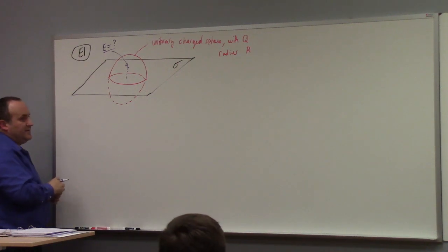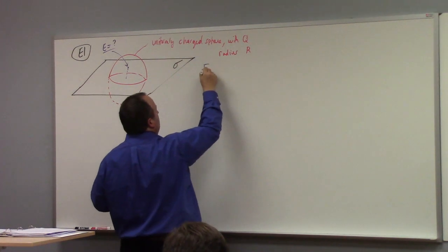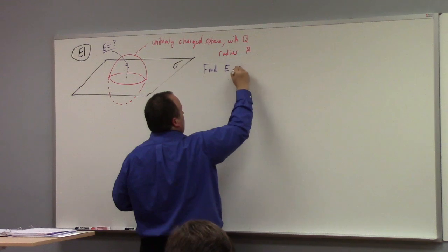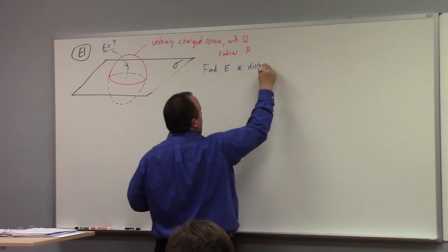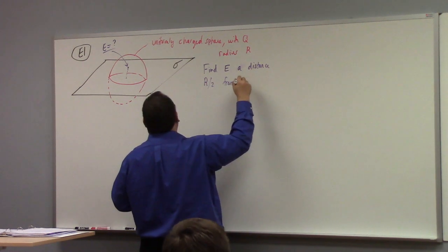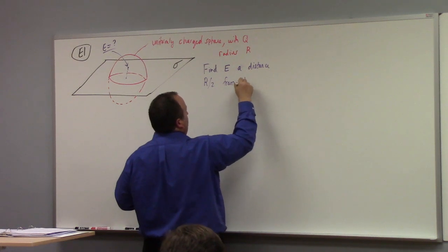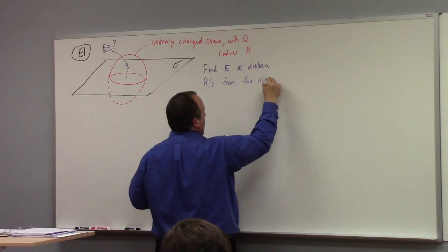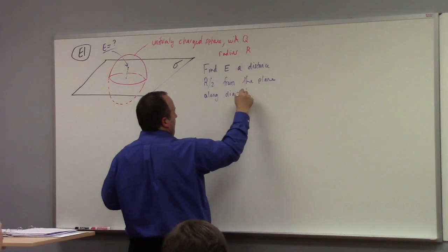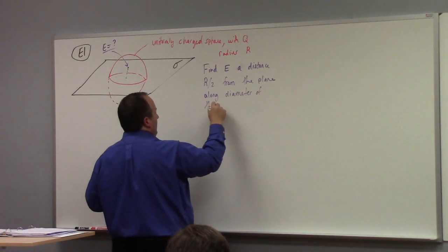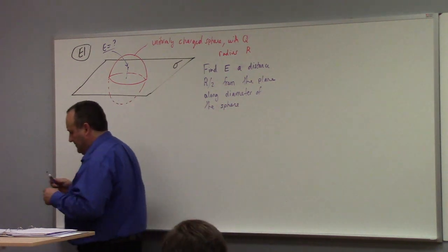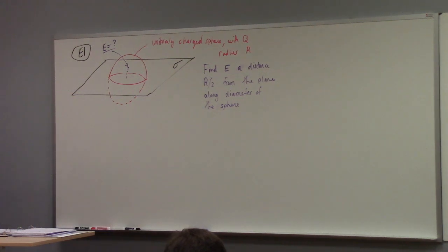So I'm asking, find E a distance R over 2 from the plane along the diameter of the sphere. All right? And so I'm assuming that the sphere is sitting half above the plane, half below the plane.